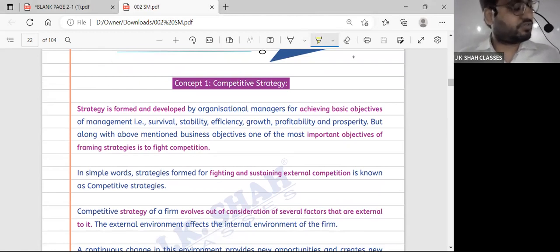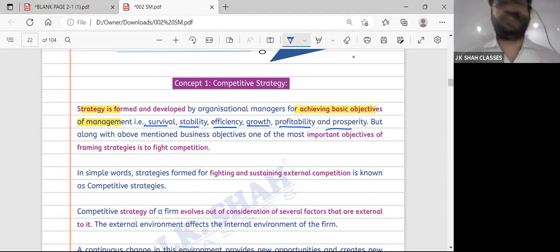Strategy which is formed and developed by managers for achieving basic objectives. Generally, you make strategies to achieve basic objectives. And those basic objectives are survival, stability, efficiency, growth. That is the main objective.